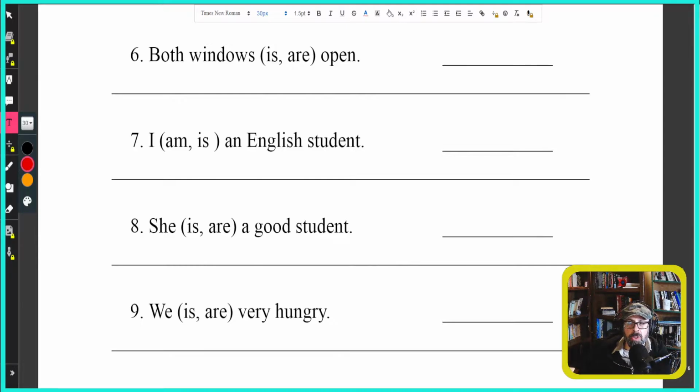Both windows is or are open? Is or are? What do you think?